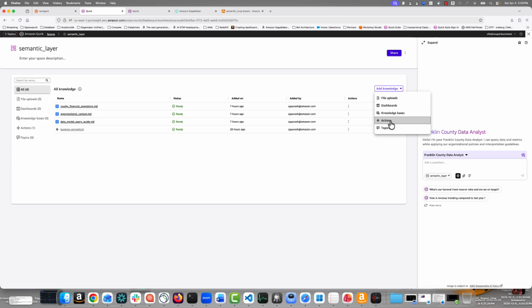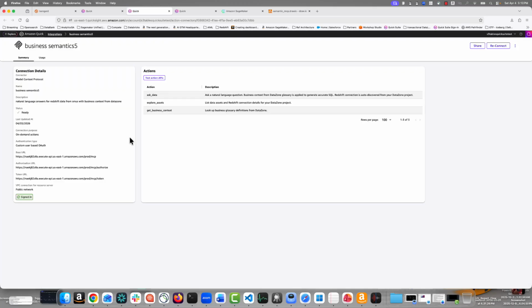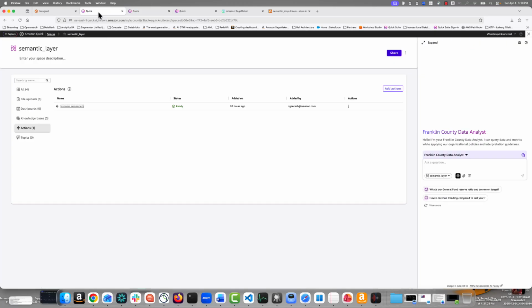So actions is where we have integrated the MCP server for the DataZone and Redshift, and file uploads is where we have uploaded the unstructured documents, the tribal knowledge, right? These are the three documents we uploaded related to the organization, and in the actions we have integrated the MCP server. So that's the flow.